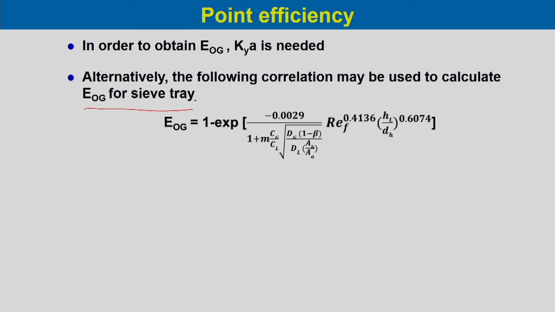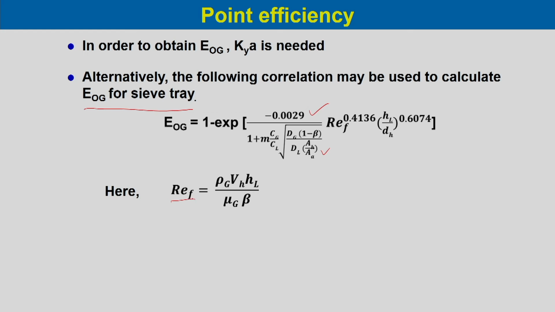So, one of them is EOG would be equal to 1 minus exponential of minus 0.0029 divided by 1 plus m Cg by Cl, into root over Dg into (1 minus beta) divided by Dl, into (Ah by Aa) whole, into Ref to the power 0.4136, into HL by dH to the power 0.6074.